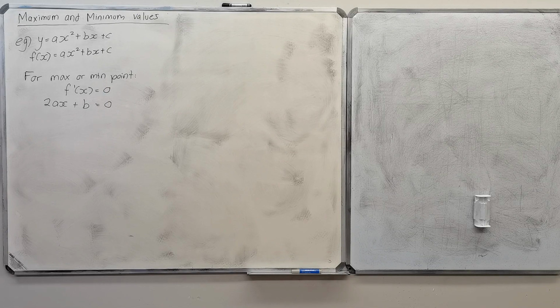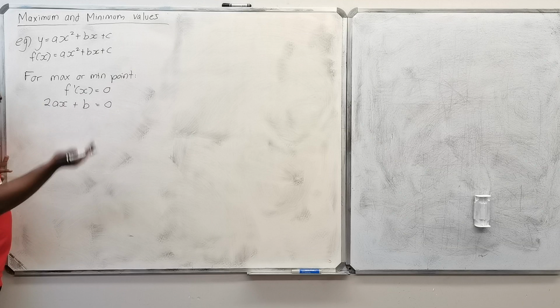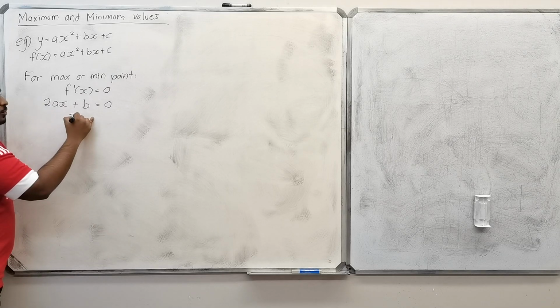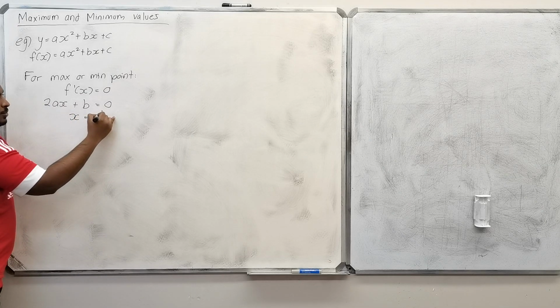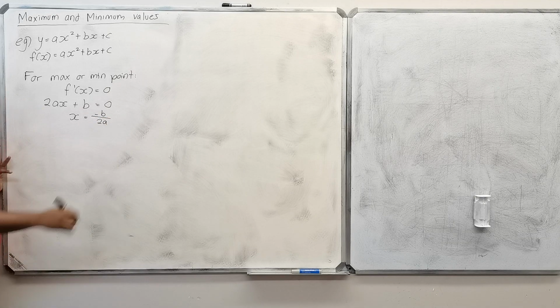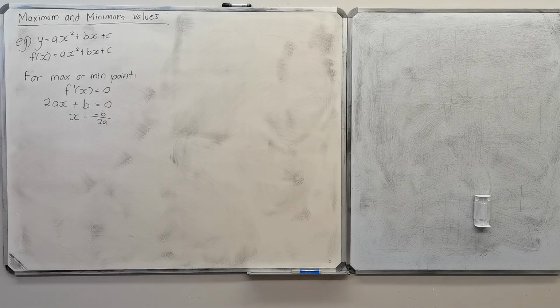Everybody understand? Now we let this equal 0 and solve for x, so x will be equal to -b over 2a. You all understand this? Remember a, b and c are constants, coefficient values. x is the variable term.